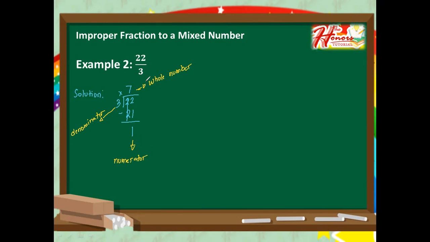Okay, let's change this into a mixed number. Let's have the whole number first. Let's write it bigger than the other. And then let's have the numerator, it's 1, and then the denominator, it's 3. So that's 7 and 1/3. That's the answer already.